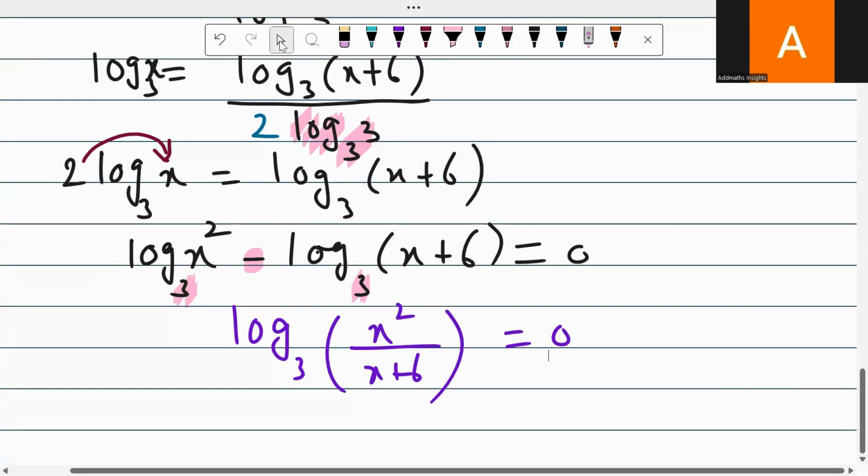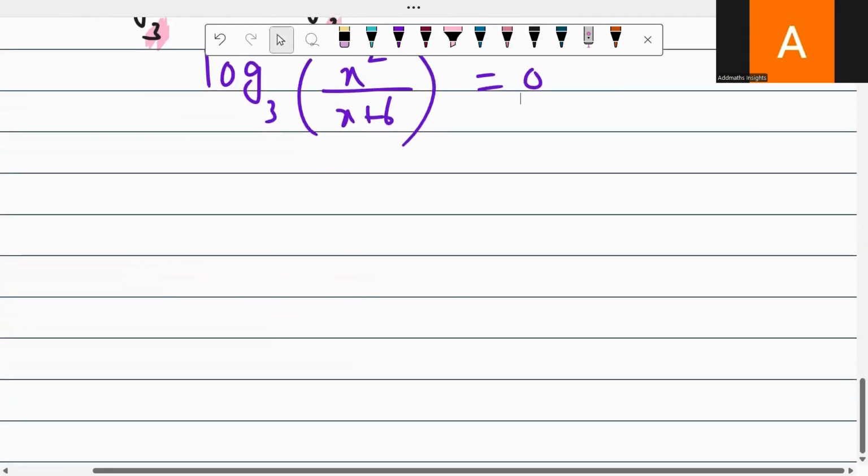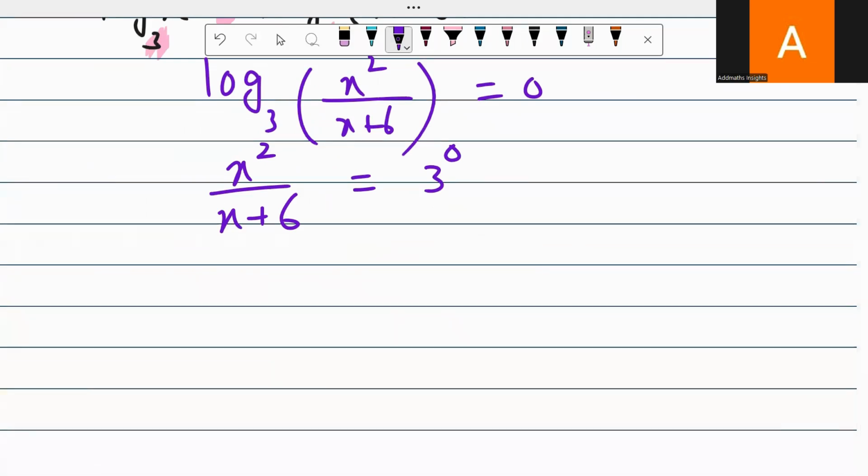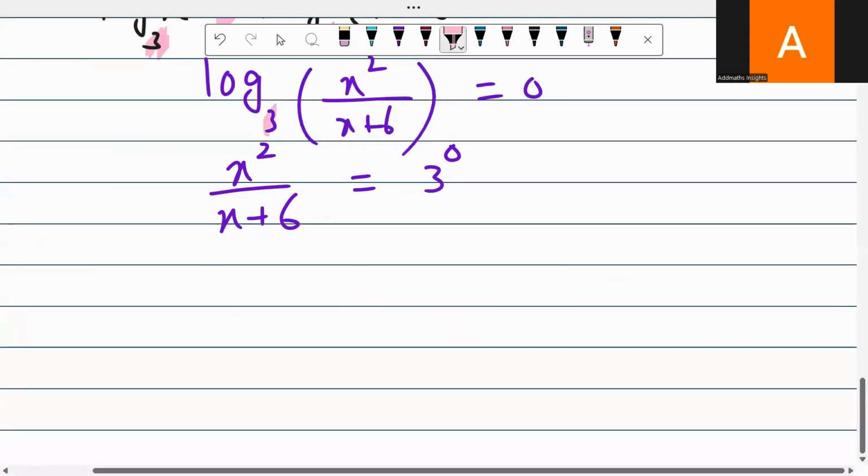Now to remove this logarithm, we apply the chain, then you can write it as x squared over x plus 6 is equal to 3 raised to the power 0, which is, you are expressing your question into exponential form now, and 3 raised to the power 0 is 1. So x squared is 1 into x plus 6, which is x plus 6.